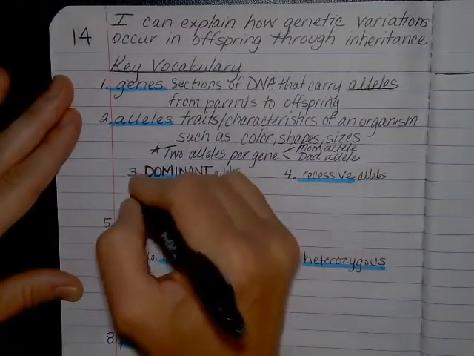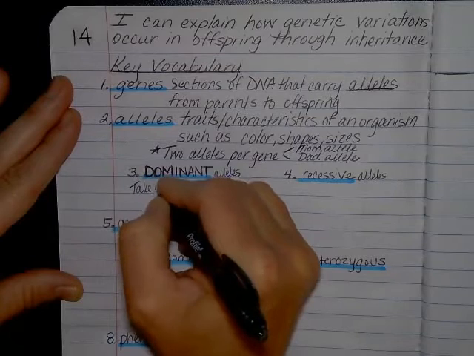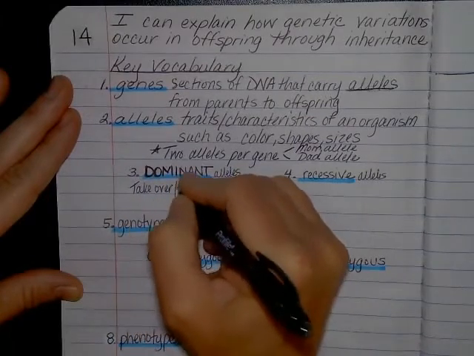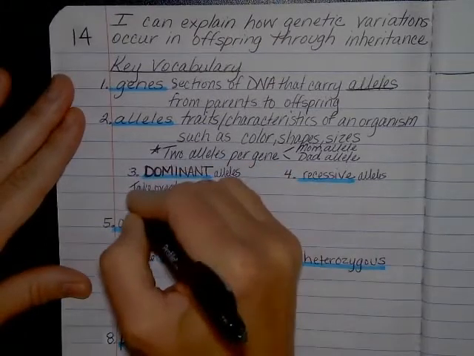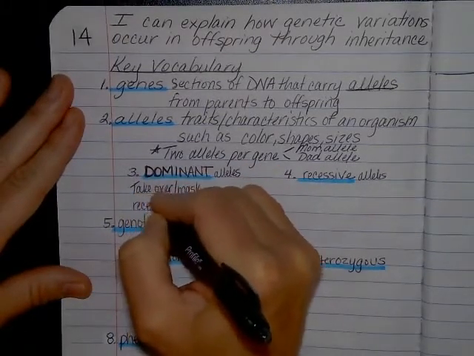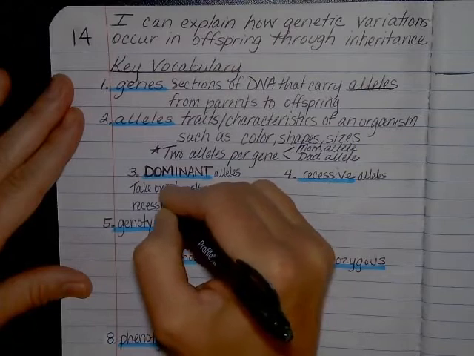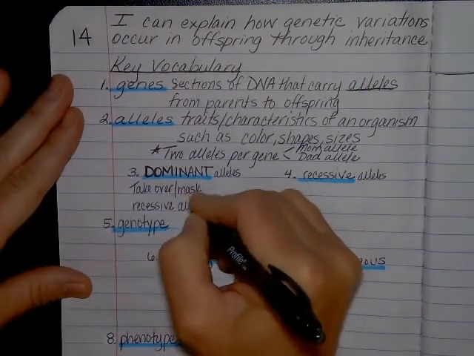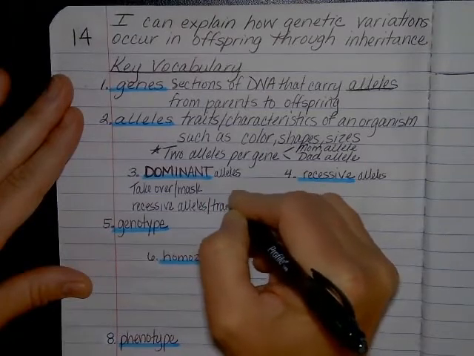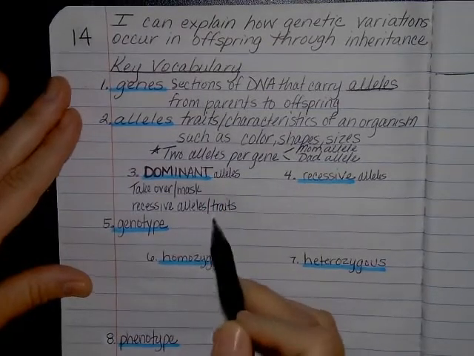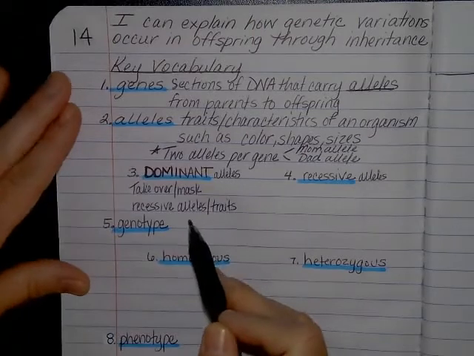And so dominant, we said, are the ones that take over, or the scientific word is that they mask recessive traits or alleles. You can say traits whenever you say alleles to remind yourself that's what it means.